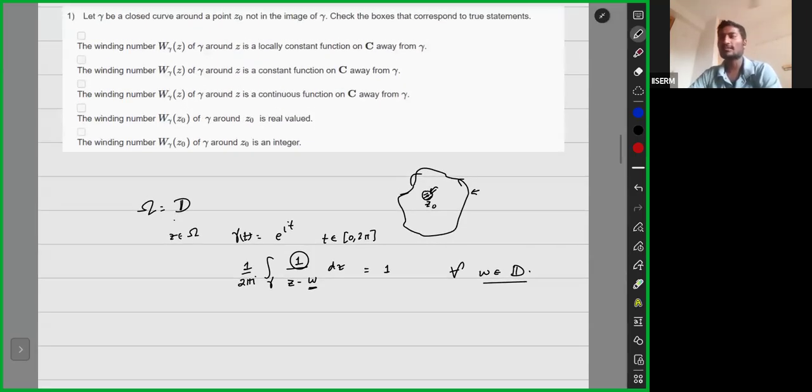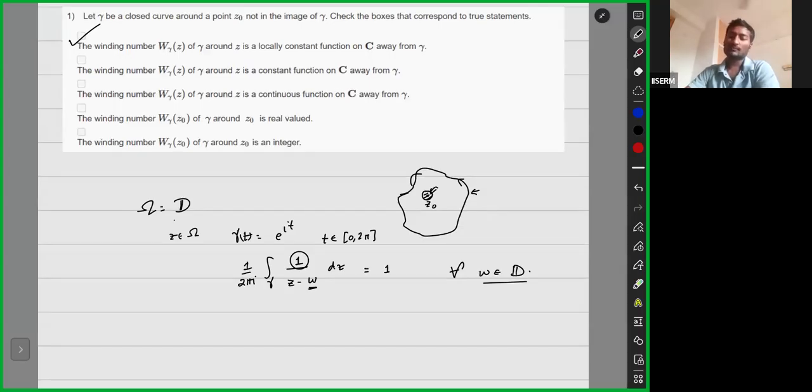Locally constant means there exists a neighborhood of the point away from gamma. Sorry, my mistake.